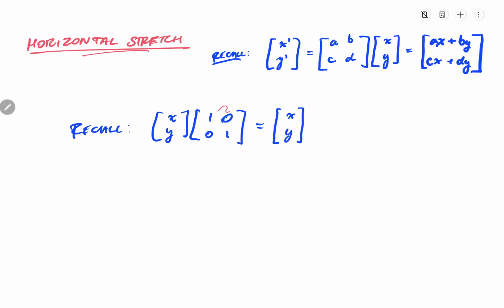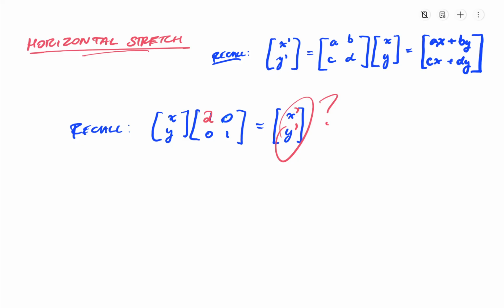We're going to change our first number in our first row to, let's say, a 2. And we're going to see how this gets affected in our output. So our output is going to be a tiny bit different.